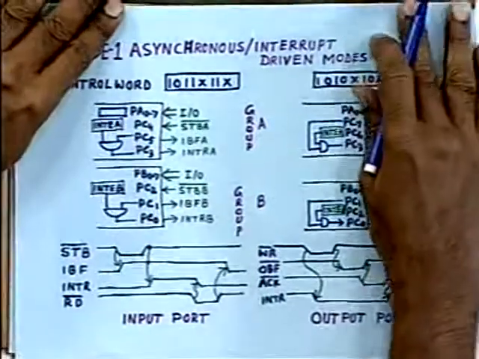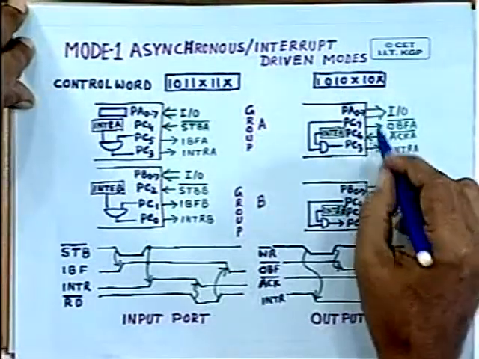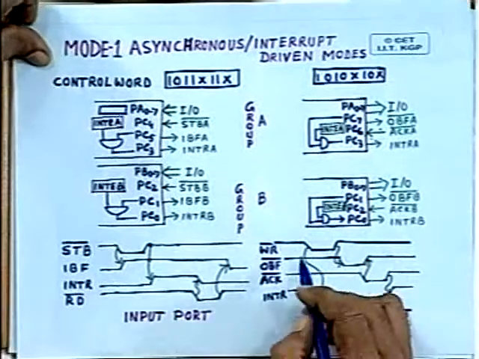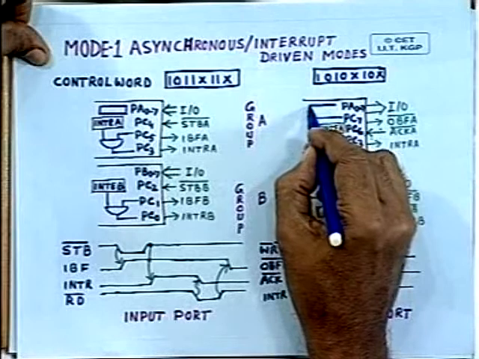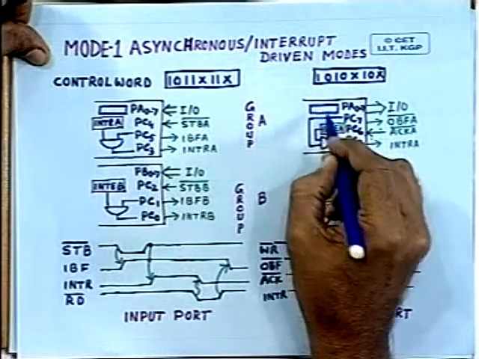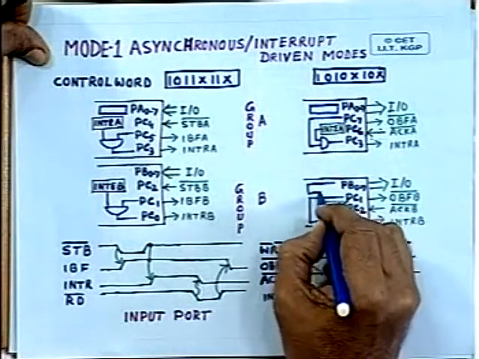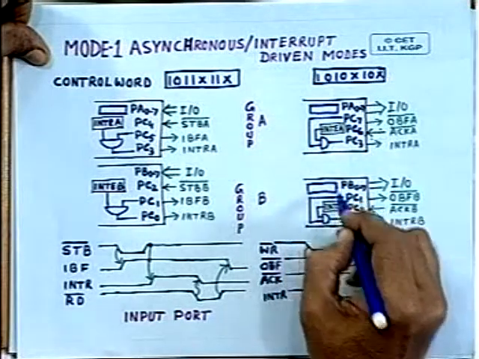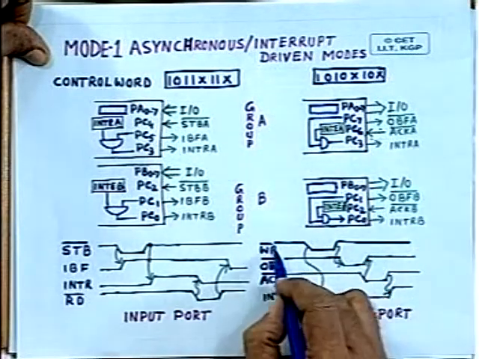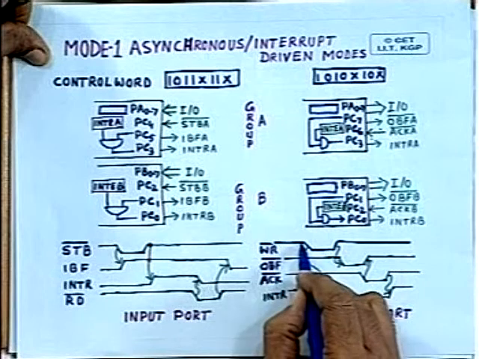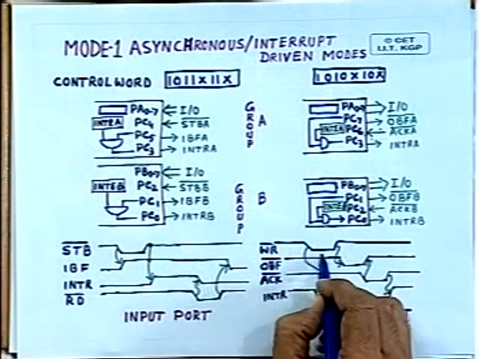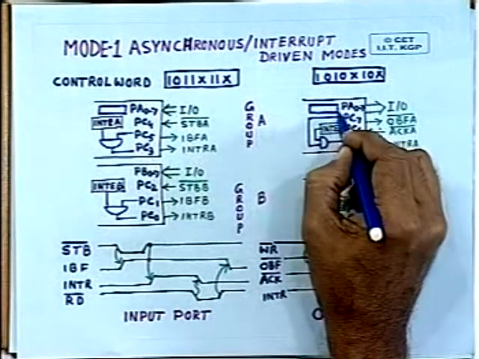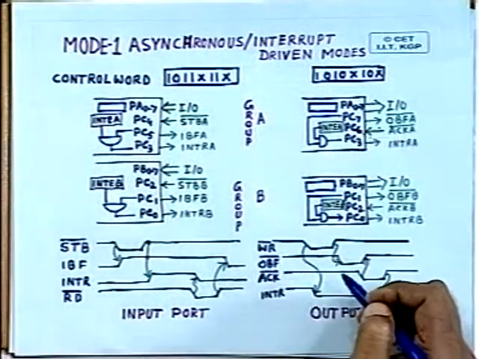Similarly, the port A and port B can be used as an output port, which is explained here. Whenever it is used as output port, the data will be written into these PA or PB registers by executing a write instruction. That means by executing the OUT instruction. As the OUT instruction is executed, this write signal will be activated and data will be transferred to this register.